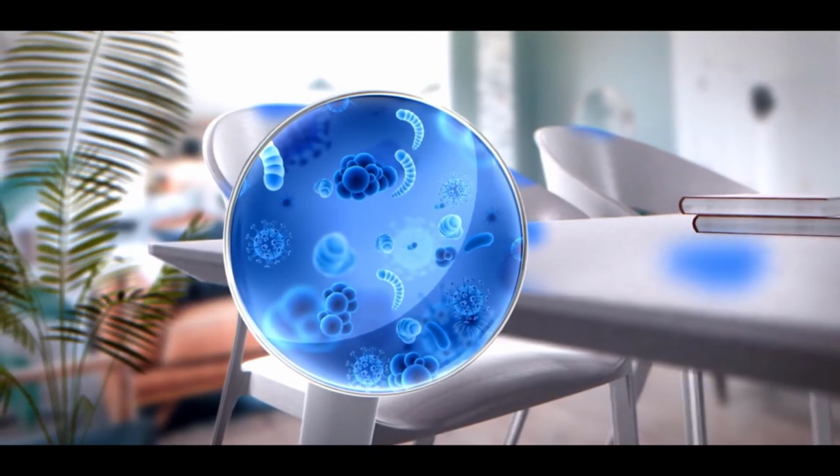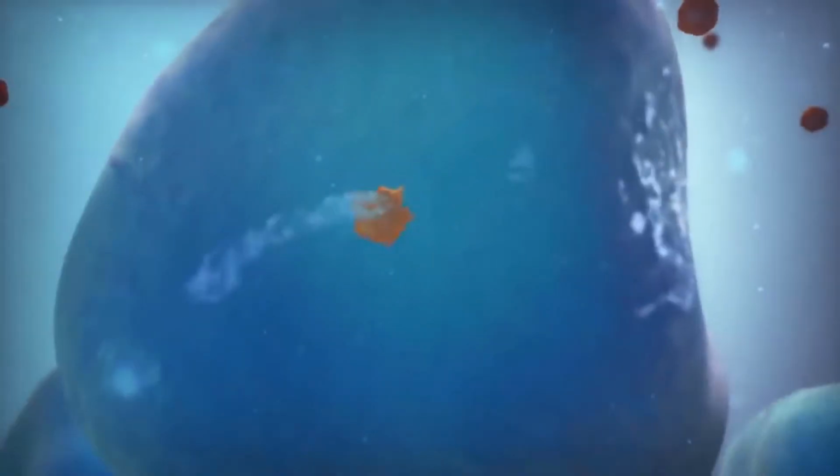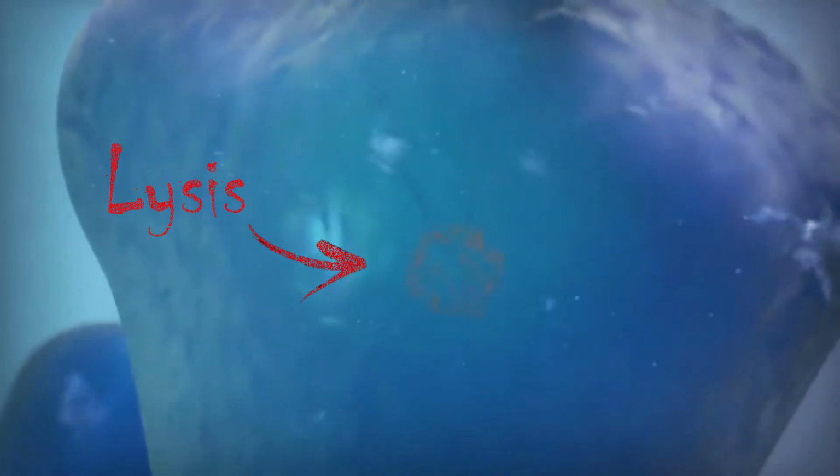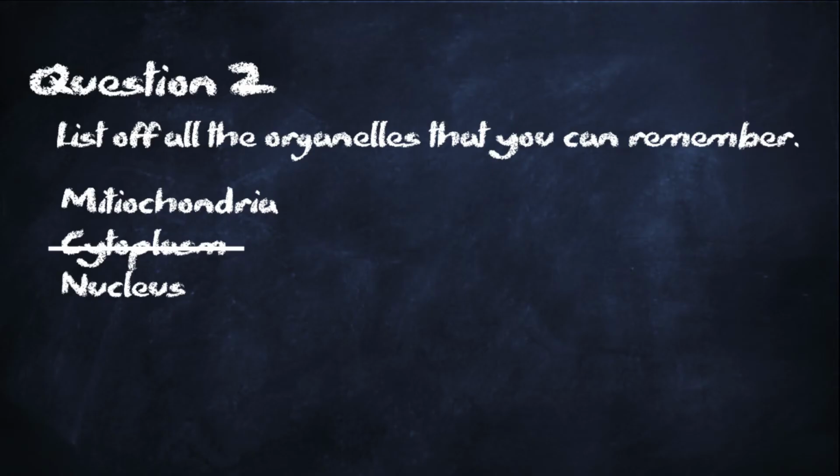So lyse means to break things apart. You just described an organelle that breaks things down, so what do you think the beginning of its name is going to be? The lysosome. Yep.